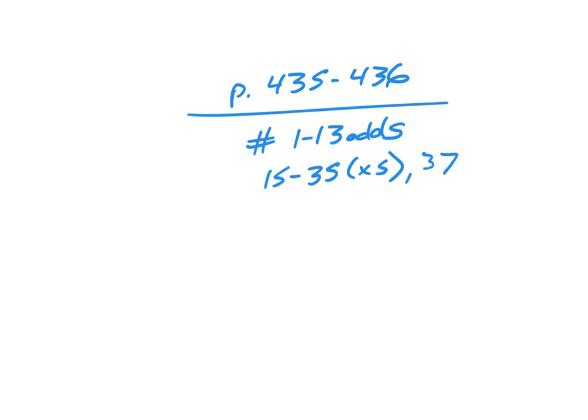Okay, 1 through 13 is just identifying the size. It's rewriting it. You're not doing any solving on the first 1 through 13. And then when you get 15 to 35, that's where you're doing the solving. You can just put those right into your calculator. Okay, I did not give you any story problems on your homework. I think there was on Friday on that one, but there will be some on the review tomorrow that you'll have to do.